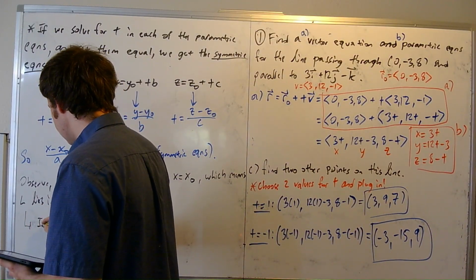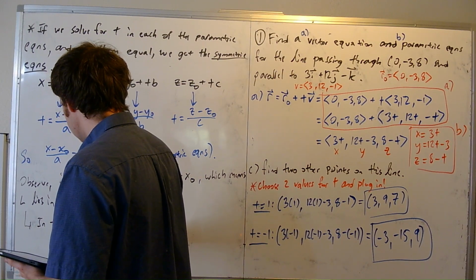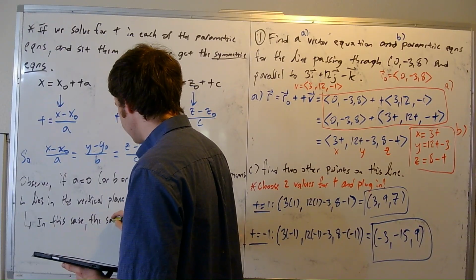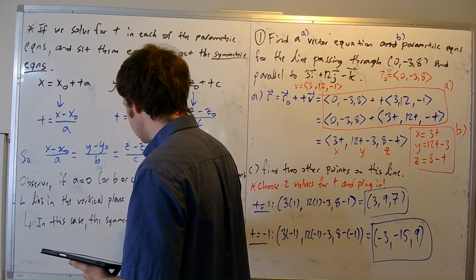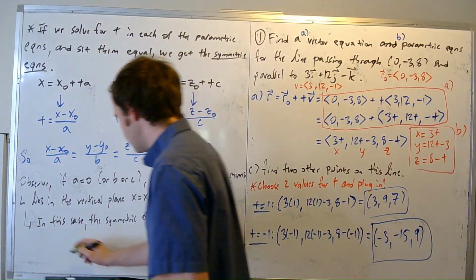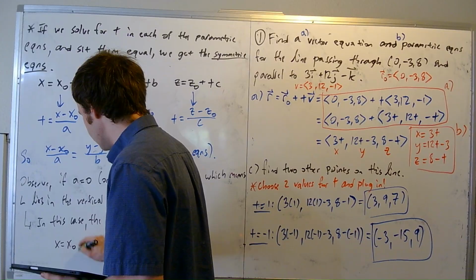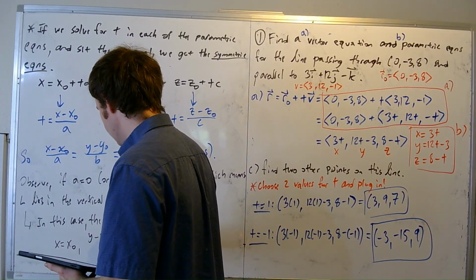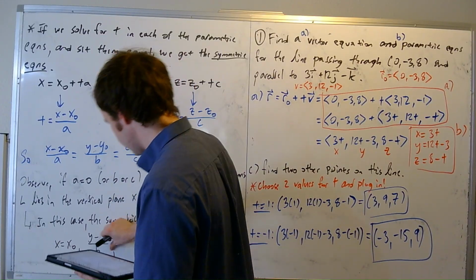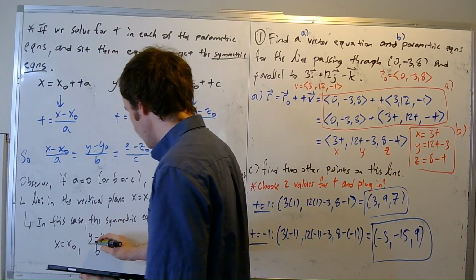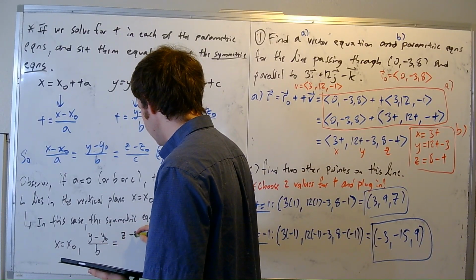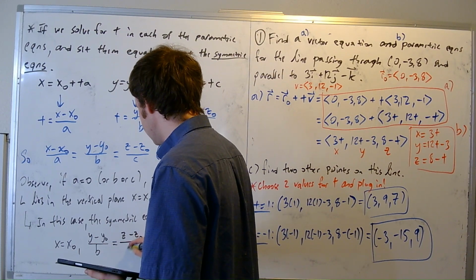And I'll say here, in this case, the symmetric equations are, so we would write x equals x0, comma, y minus y0 over b equals z minus z0 over c.